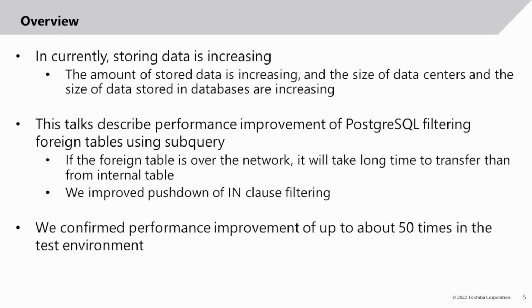If the foreign table is over the network, it will take a long time to transfer the data from the foreign table. We improved pushdown of IN clause filtering. We confirmed a performance improvement of up to about 50 times in the test environment.